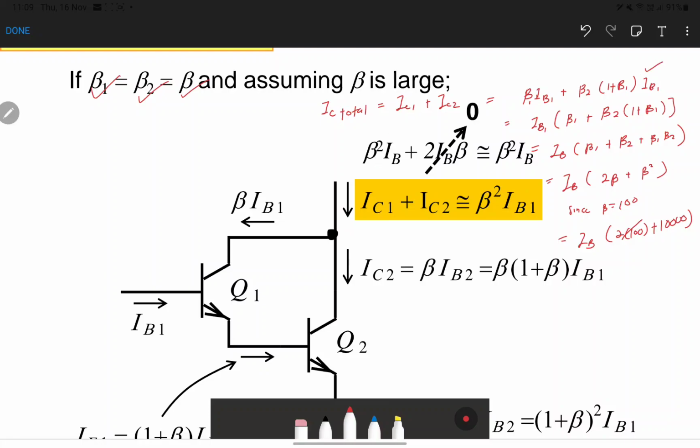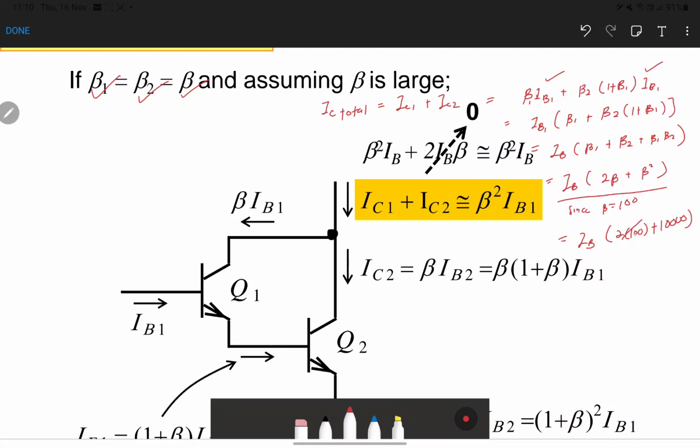Replacing the given equation and opening the bracket, you find that IC equals IB times 2 beta plus beta squared, since we assume beta 1 and beta 2 are equal. With beta equal to 100, you find IB times 2 times 100 plus 10,000.